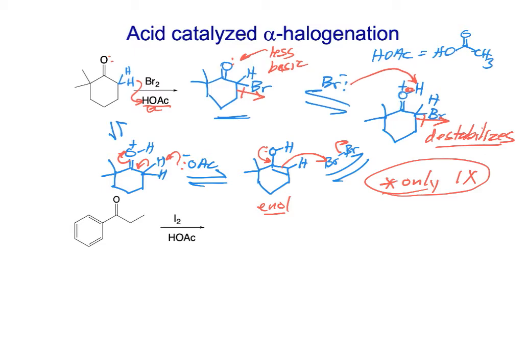We have another example at the bottom, and this is for an iodination. We're using I2, also in acetic acid. This reaction would, like we said, add one iodine to the alpha position to give this product.